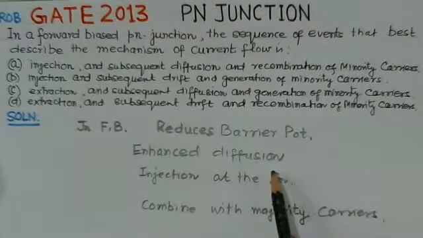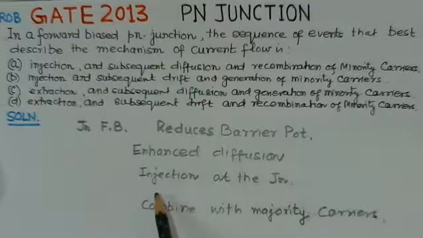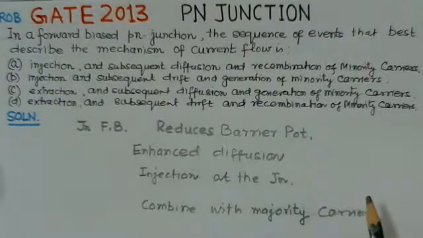These majority carriers will go to the junction, and at the junction they will be injected into the opposite region. That injection at the junction will take place, and from the P side the holes will go to the N side and be injected there, and electrons from the N side will be injected to the P side.